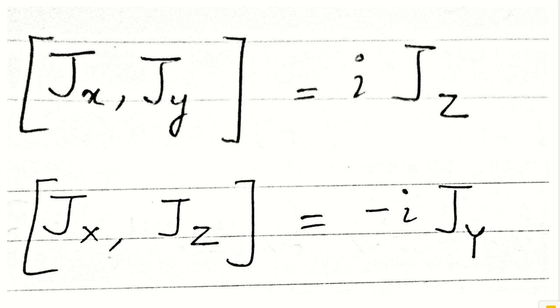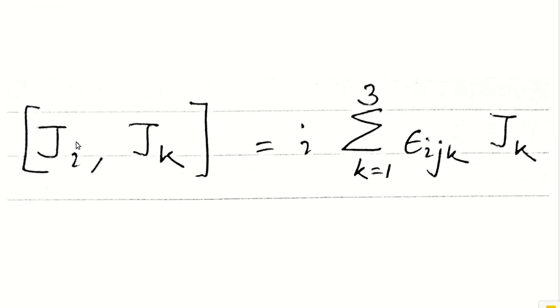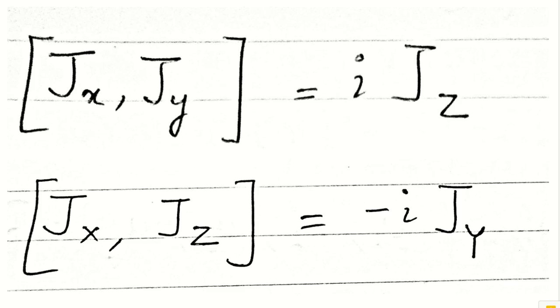You will have more such relations. The commutator of Jy and Jz will be I times Jx. If you combine all of these, you can write the overall commutation relation in this form, where the commutator of Ji and Jj equals I times epsilon ijk times Jk, and this epsilon is called the Levi-Civita symbol.